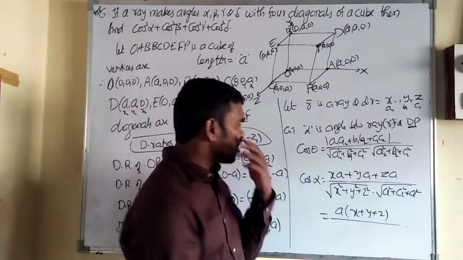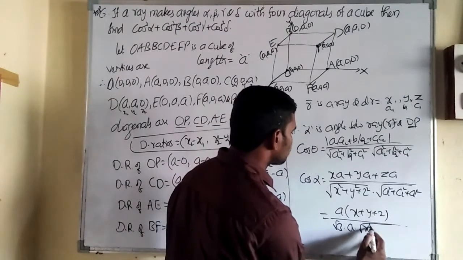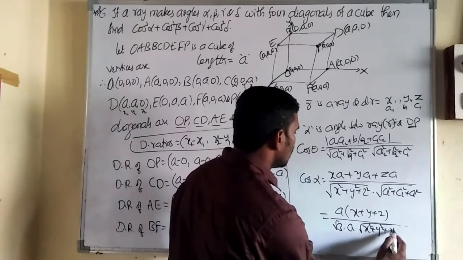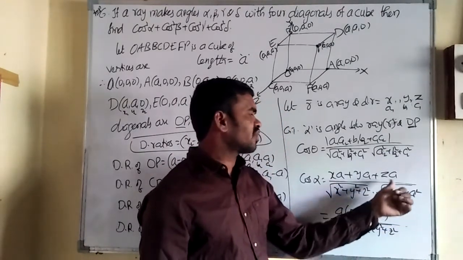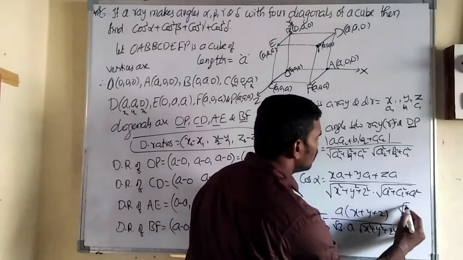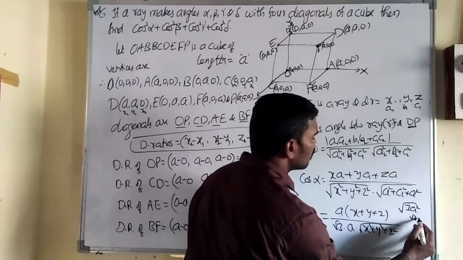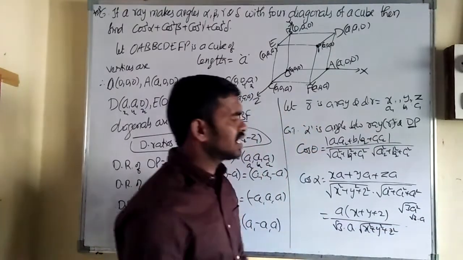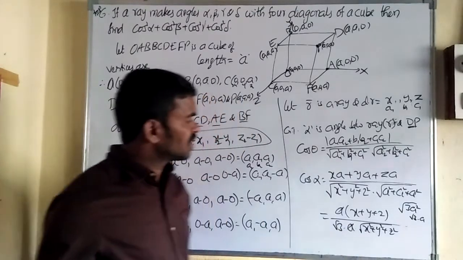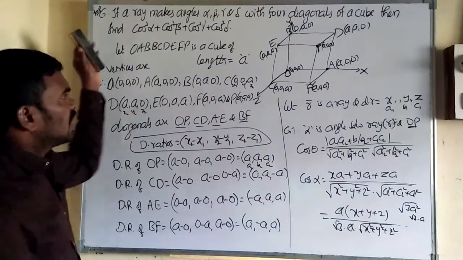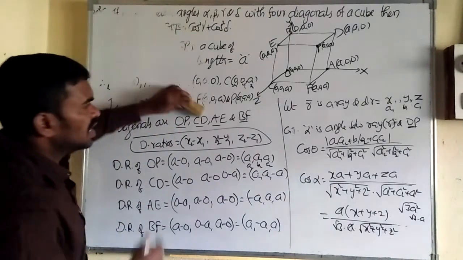Root 3a square we can write as root 3 into a, because the square root of a square is a. So I can cancel a. Is it clear? From here to here, easily write it down. Next, after that, here I am going to write.